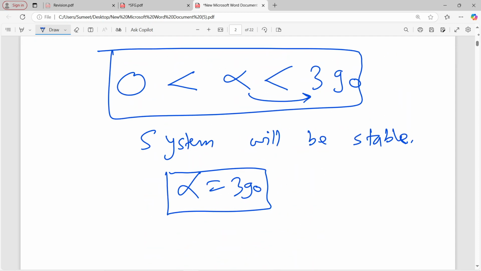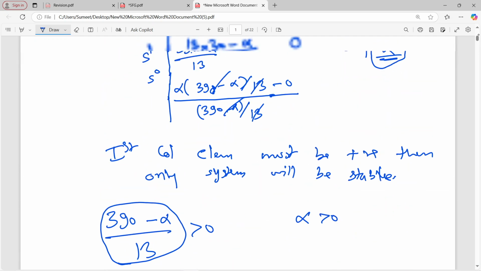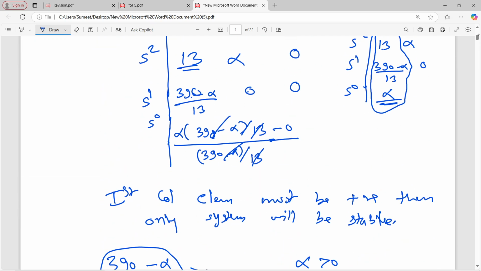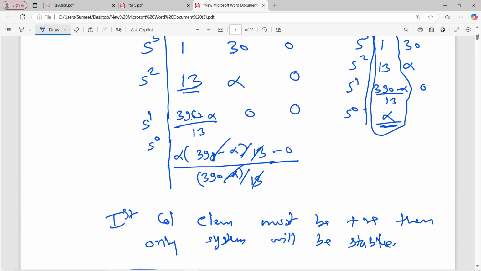So if alpha is 390, then what will happen? See here, if my alpha is 390, 390 minus 390 becomes 0. So what I am getting here? 0. If I put alpha equal to 390, then I am getting here 0. So basically it is a row of 0.